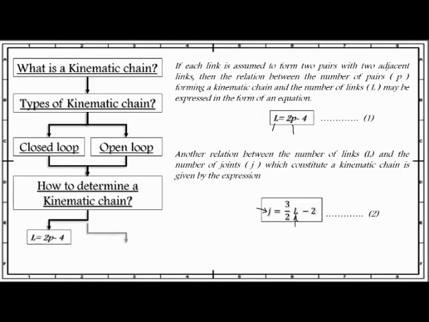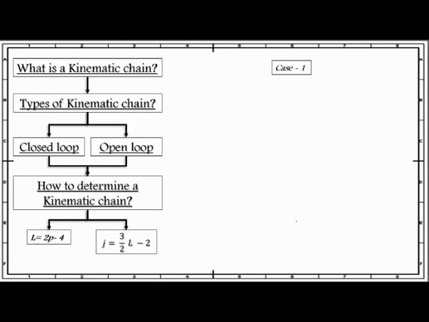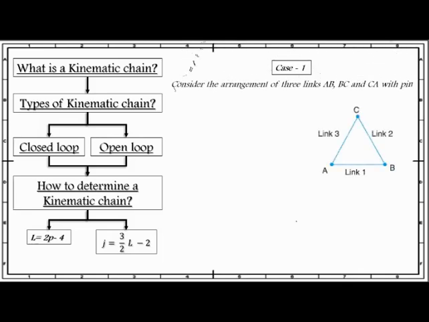These are just the two equations that we can use in order to determine whether a mechanism is a kinematic chain or not. Okay, so case 1. Consider the arrangement of three links AB, BC and CA with pin joints at A, B and C as shown in the figure.